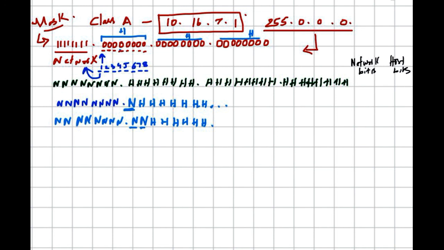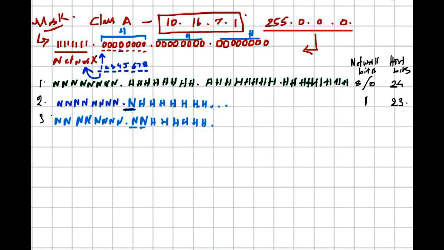Previously the network bits are the default, that is 8, and we haven't borrowed anything, and the host bits are 24 bits. Now after borrowing a single one, we have borrowed one network bit from the host portion, so there are only 23 host bits now.